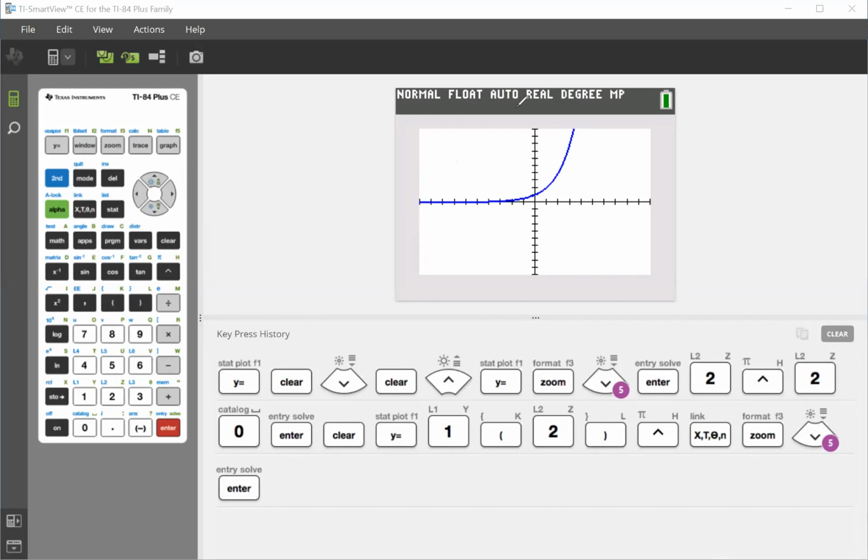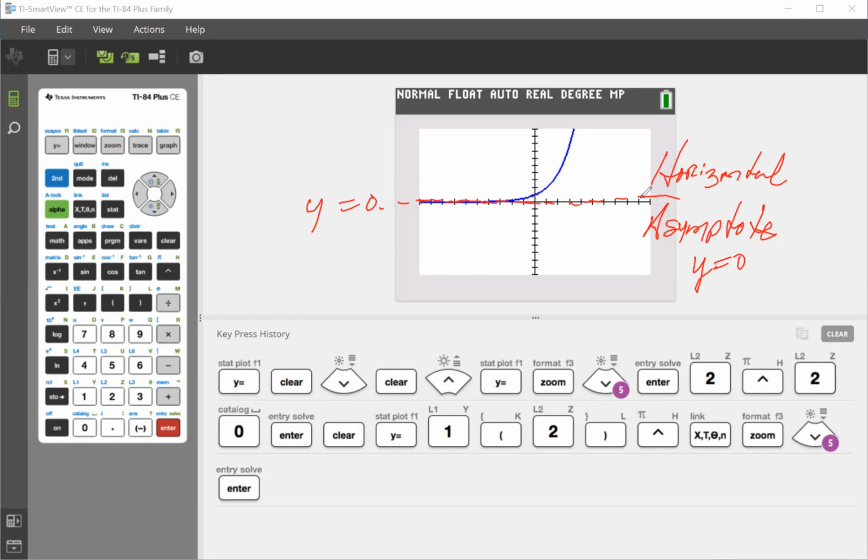Now be careful. There's some other terminology I need to introduce to you. There is what's called a horizontal asymptote at y equals 0, right along this line here.